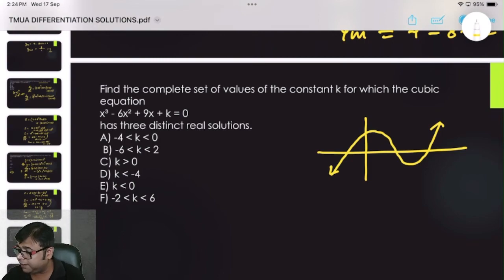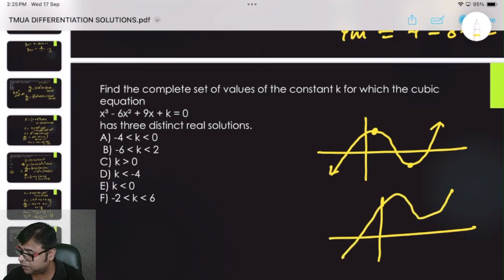Now it is imperative for us to understand that if it has to have three distinct solutions, then at the point of minima, the minimum value should be negative, and at the point of maxima, the maximum value should be positive. Then only it will have three distinct real solutions. Because the curve can also be like this, in which there will be only one real solution, but in that case the minimum value will become positive.